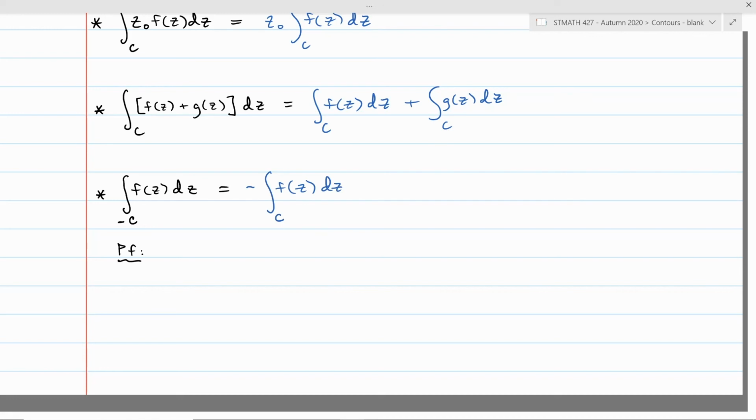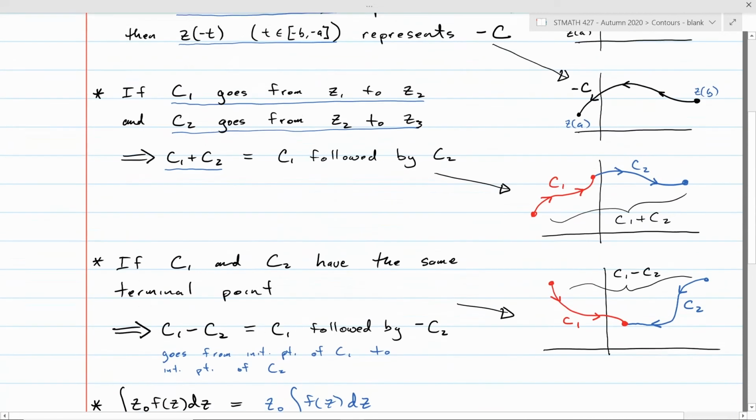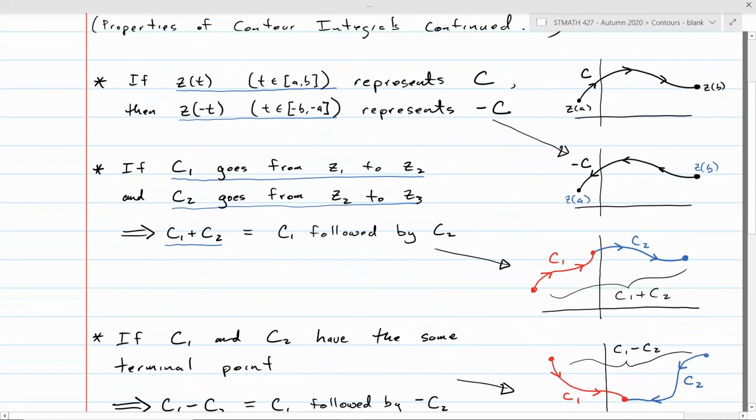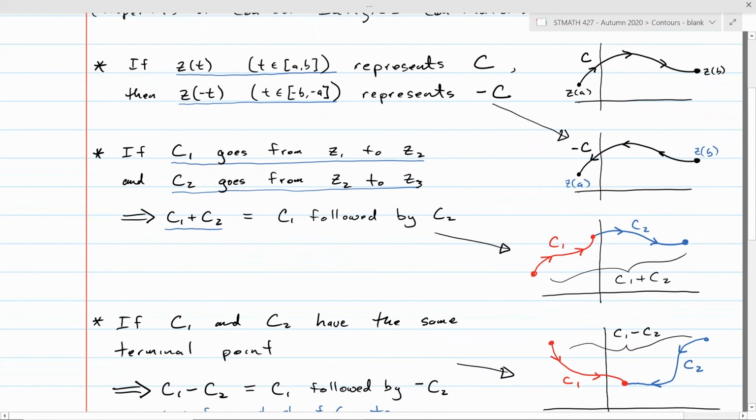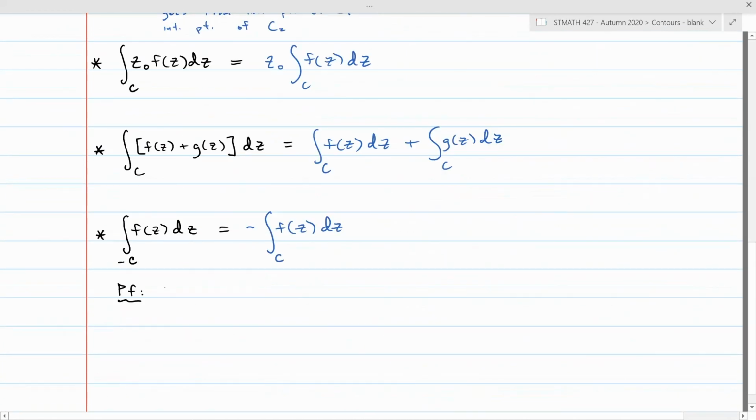We can prove that in a pretty straightforward way because we know how you form negative C. From the top here, it just means you do z of negative t and then reverse the interval. So if z of t equals x of t plus i y of t represents C, then we know z of negative t equals x of negative t plus i y of negative t.